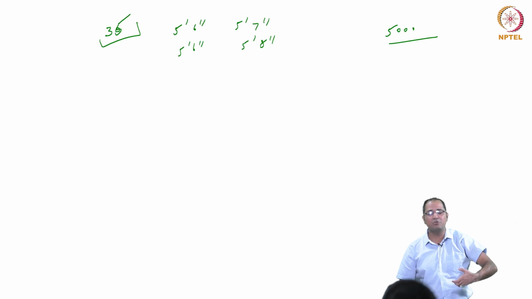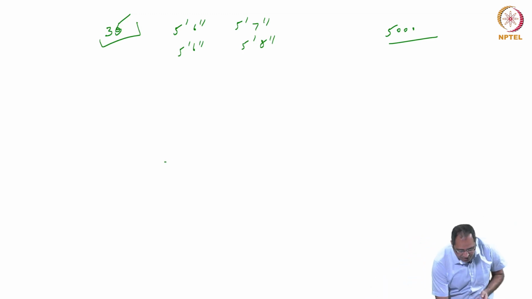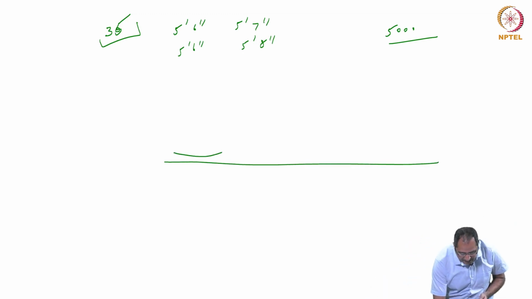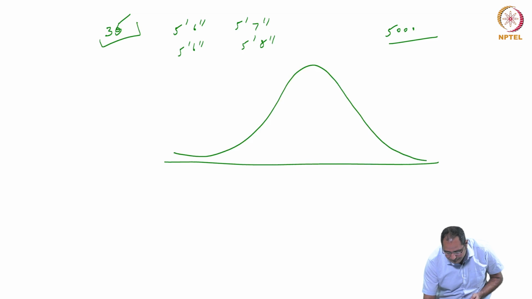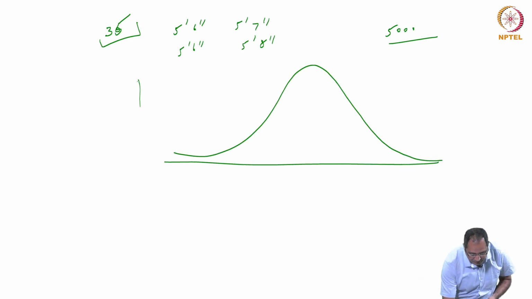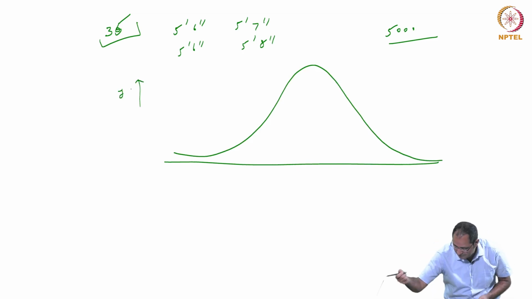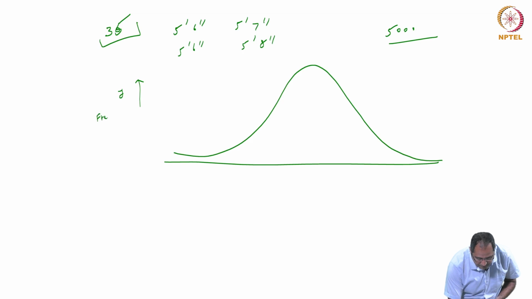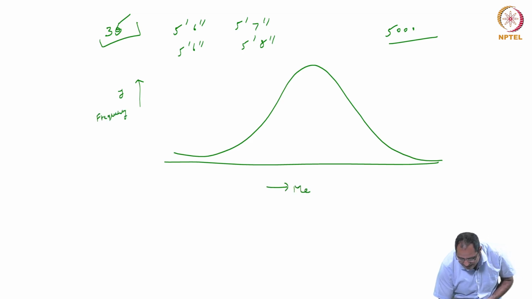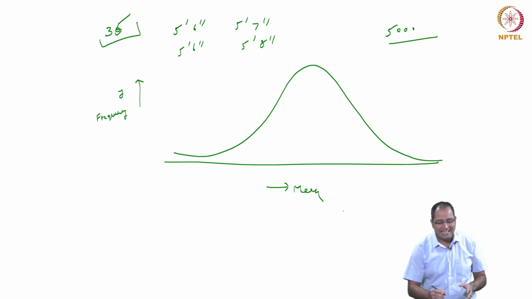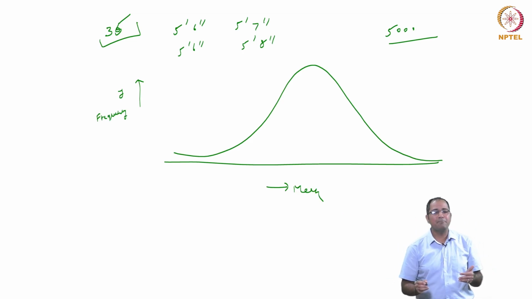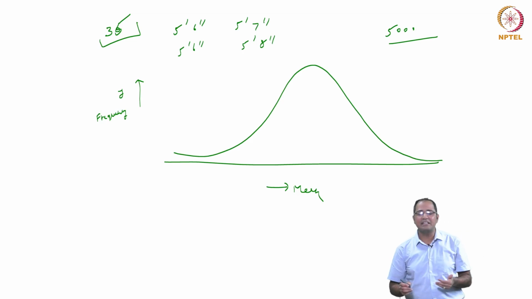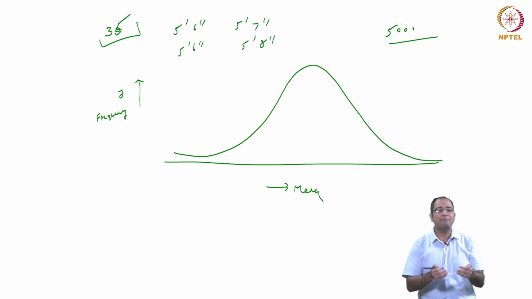And if I plot these mean values, on the y-axis frequency, on the x-axis mean, I will get a curve like this, especially when the sample size is 30 or greater than 30. I will get a sampling distribution like this.